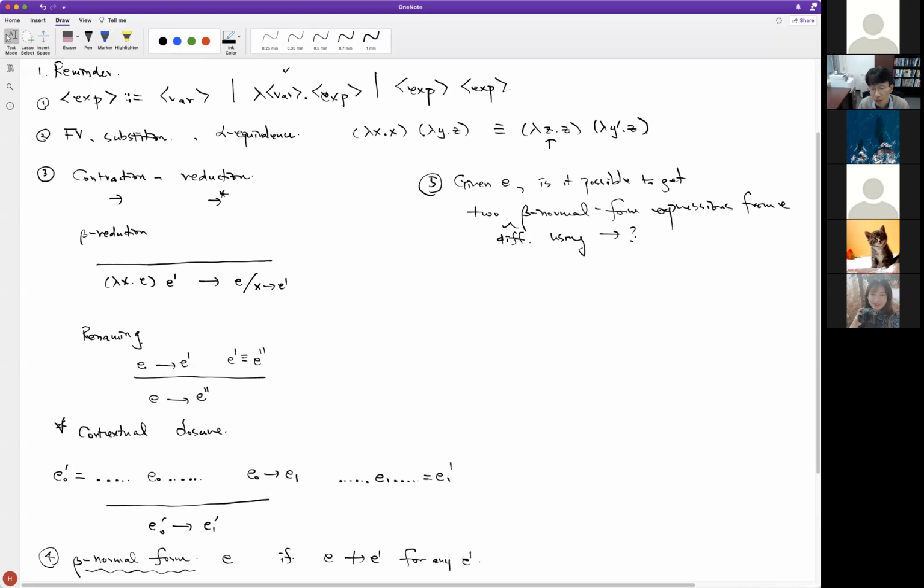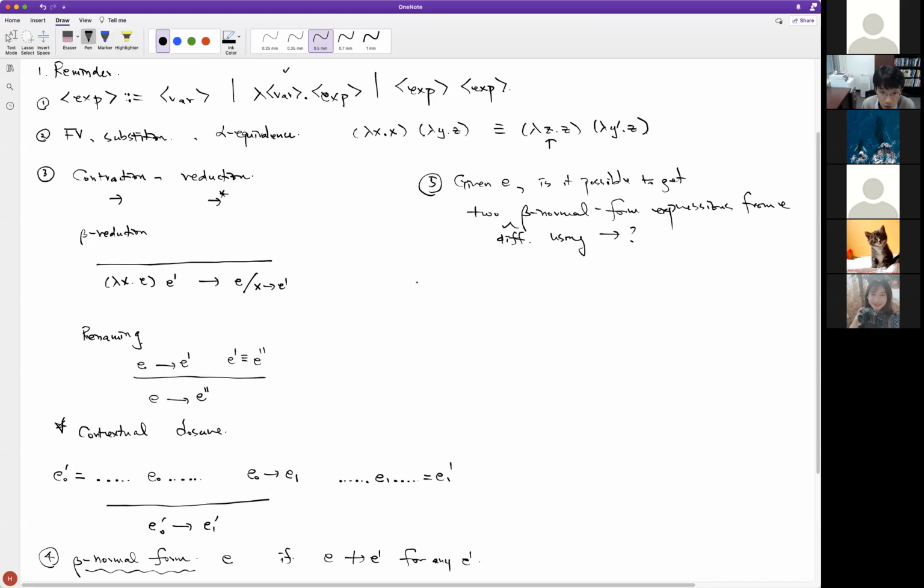In other words, is there any inherent non-determinism in this language? Because if we can get two different answers, that means one expression can potentially produce two different outputs depending on which subterm we contract first.